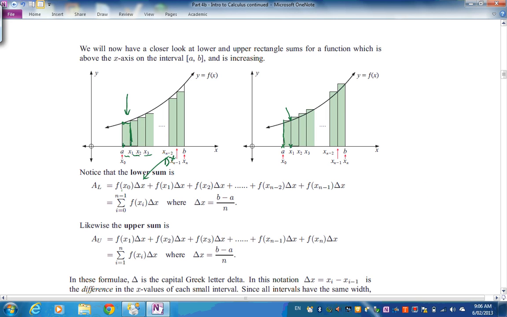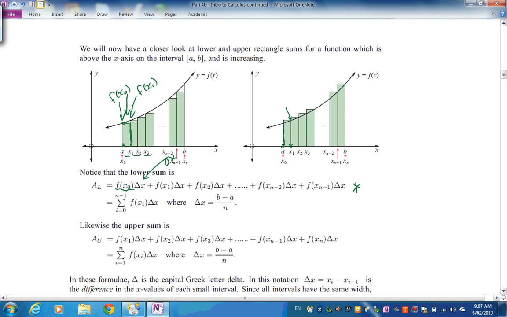So what are we going to do to find the rectangle sum symbolically or algebraically? Well, here, this one, what's the height of that? f of x naught, the original x. And then the height of this next rectangle is f with x1 subbed into it, and so on. So do you understand this?